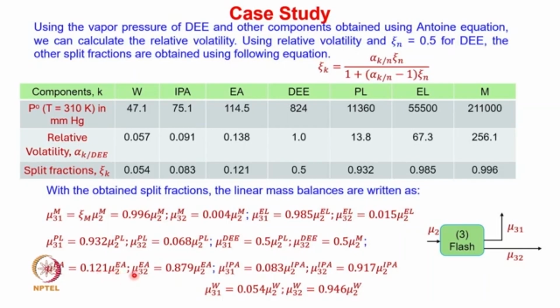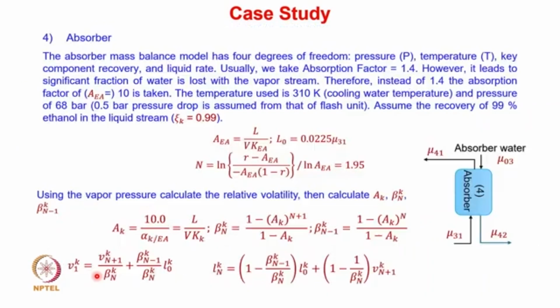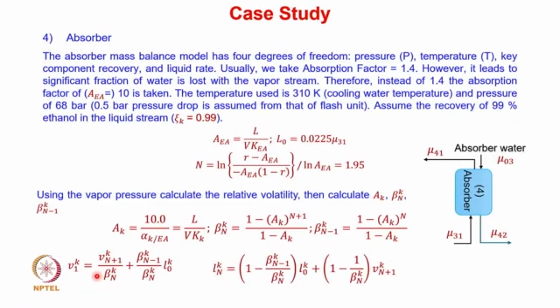We want to recover this ethyl alcohol completely, so we use the absorber. Pure water will be fed counter-currently in the absorber unit, and this water is going to absorb the ethyl alcohol present in the vapor. This water stream containing the ethyl alcohol is then mixed in the mixture.